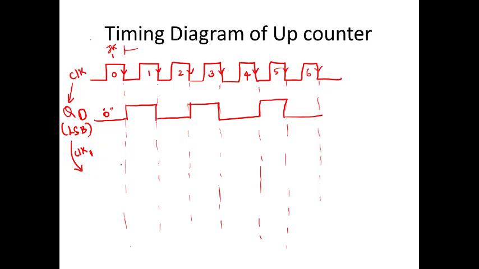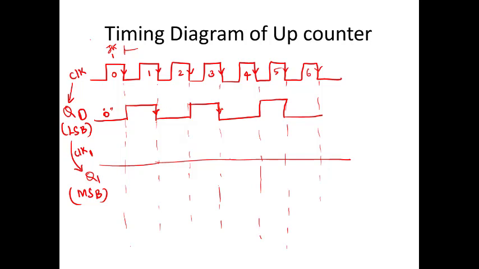So for the output of Q1, meaning the second output, MSB, this is going to be your negative edge trigger.